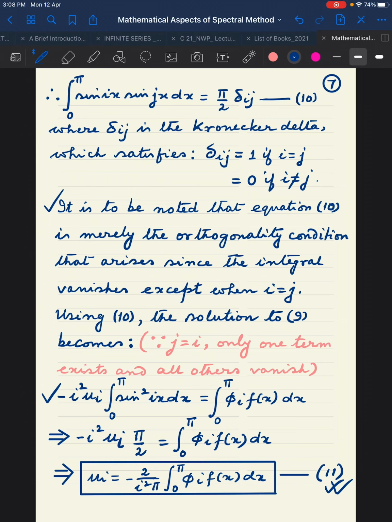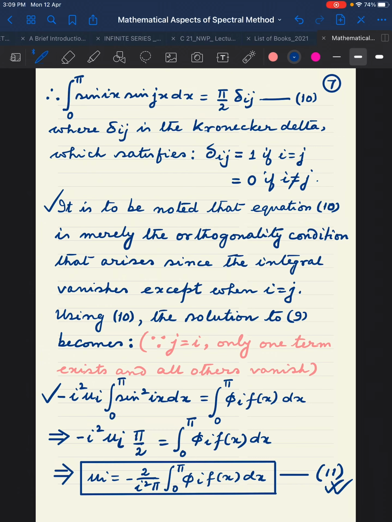If phi i is known to us and f(x), the forcing function, is given, then from this equation we will get a set of algebraic equations which can be solved in an easier way to get the values of u_i, right?